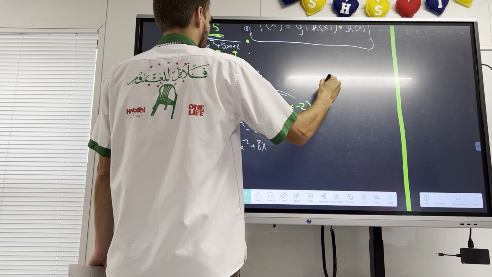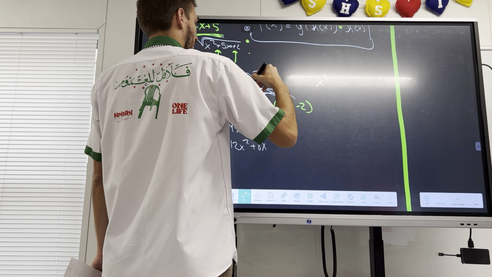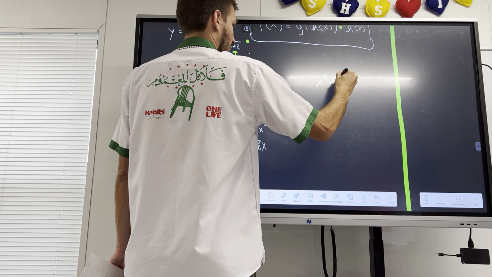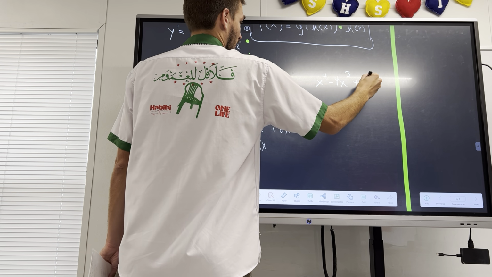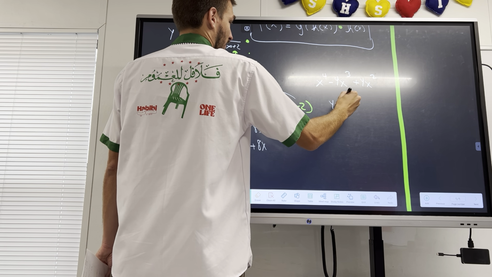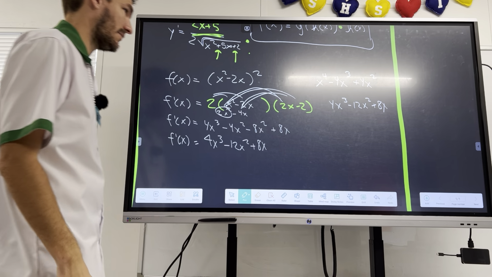If we foiled it, that would be negative 2x cubed and another negative 2x cubed, negative 4x cubed, and then positive 4x squared. And then you could take the derivative, 4x cubed minus 12x squared plus 8x. Same thing we got? Nice.